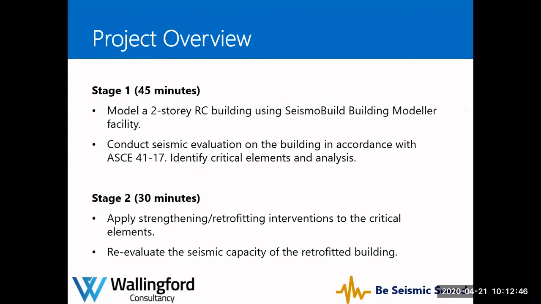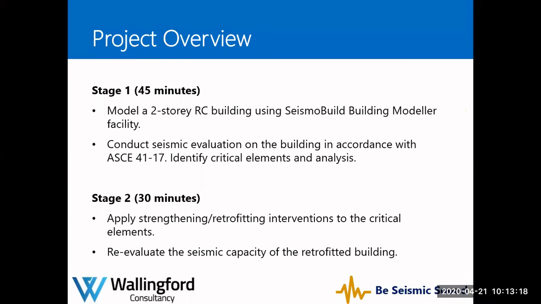In this tutorial, I am going to divide it into two parts, stage 1 and stage 2. Stage 1 takes roughly about 45 minutes, because we're going to completely model a two-story building from scratch. Then after we model it, we're going to conduct a full seismic evaluation according to ASCE 41, and then identify the critical elements in the analysis.